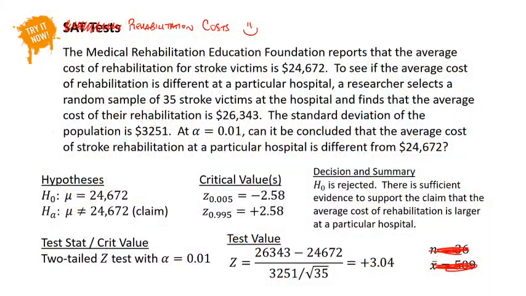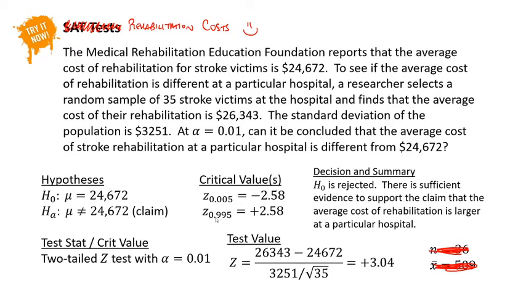Welcome back. Hopefully you're starting to see that the procedure for doing this is fairly consistent. We start off with the hypotheses. We follow that up with a test statistic and a critical value determination. We decide what our critical values are based upon the nature of the test statistic and the level of significance.